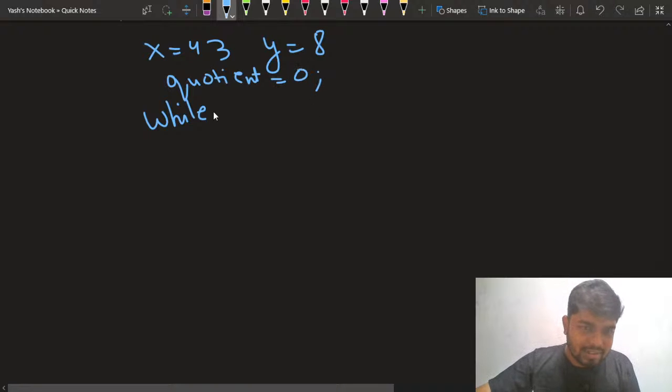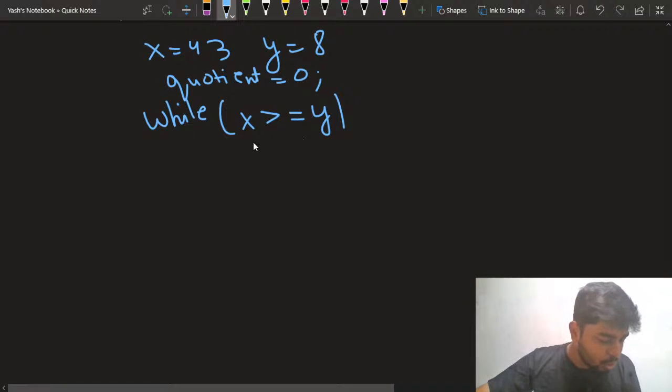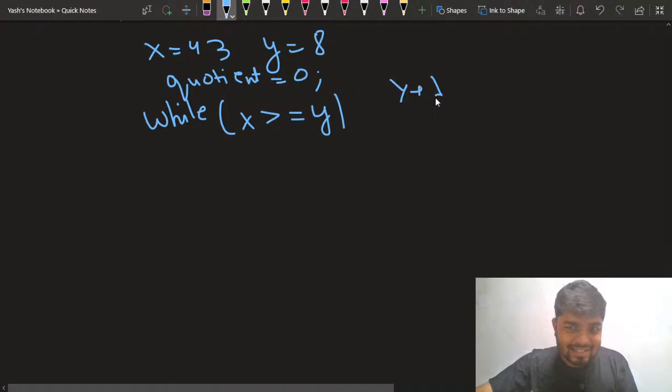After this, while my x is greater than or equal to y, that is, if the number that I am going to divide is greater or equal to the divisor. X is going to be divided, and y is the divisor here.